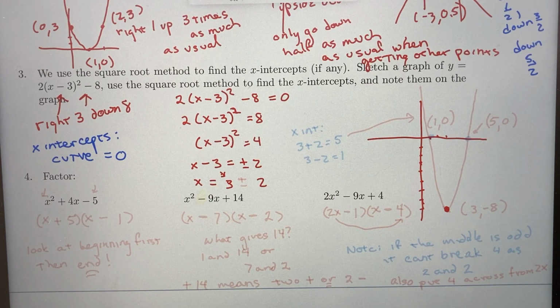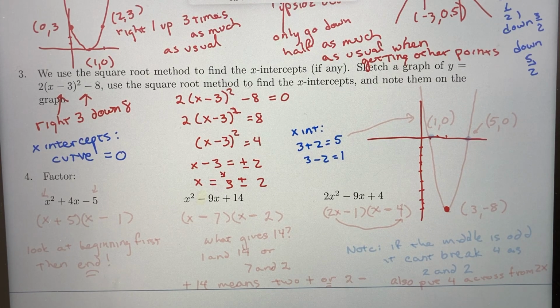So the 2 points are, sorry, I wrote that kind of ugly. Let me rewrite it. So 3 plus 2, which is 5, and 3 minus 2, which is 1.